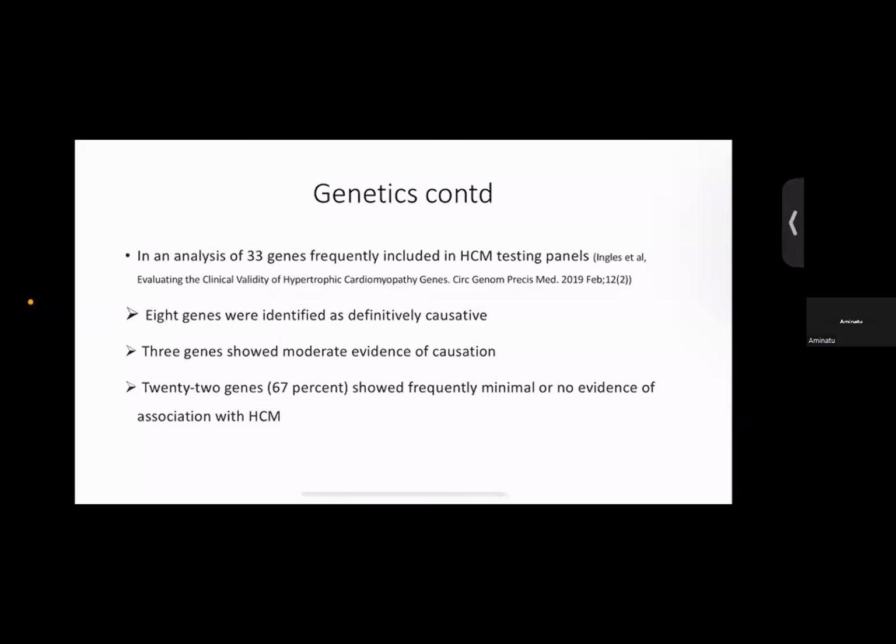So even though about 30% of patients with HCM are known to have the gene mutation, out of this 30%, a large number of the genes identified were shown not to have any evidence of association with HCM.